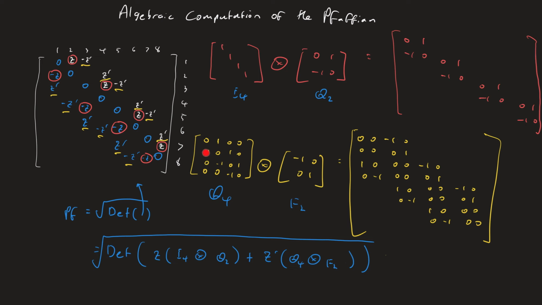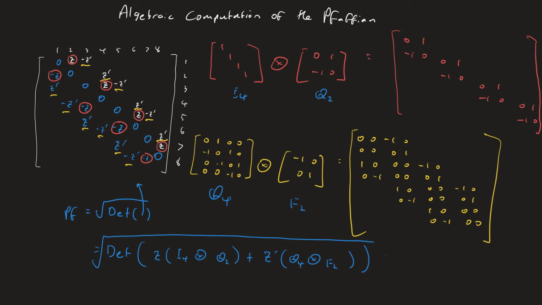And because this is a negative 1, we get negative 1 times this matrix occurring in this location here. So Q4 times this F2 matrix here gives us this matrix here, where we see that the F2 matrix appears verbatim along this diagonal here, here, here, and here, and it appears multiplied by negative 1 along this diagonal here, here, and here.